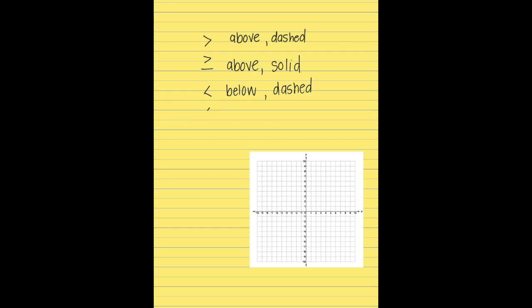And then if I have less than or equal to, this is going to be below and solid. Okay, these are things that you need to know. These are the ways that you're going to graph.